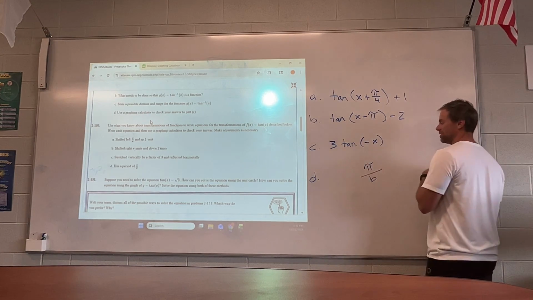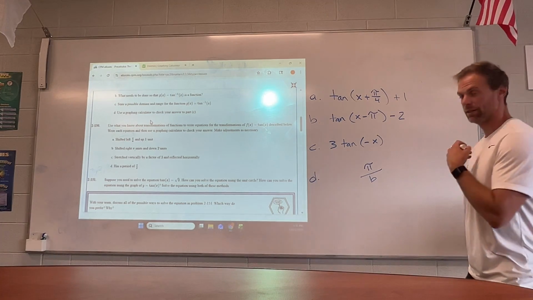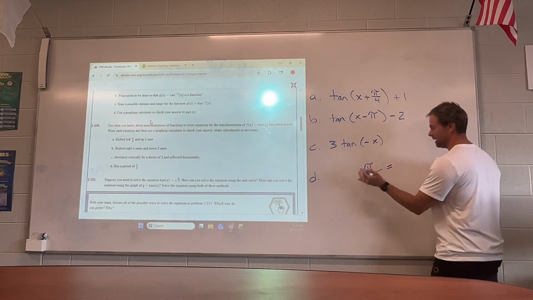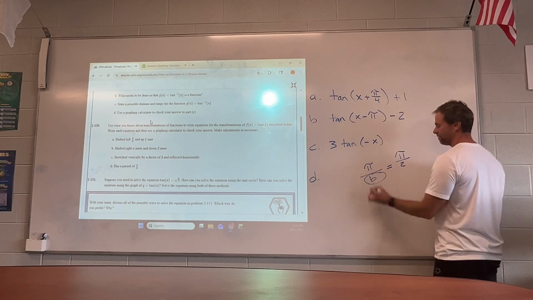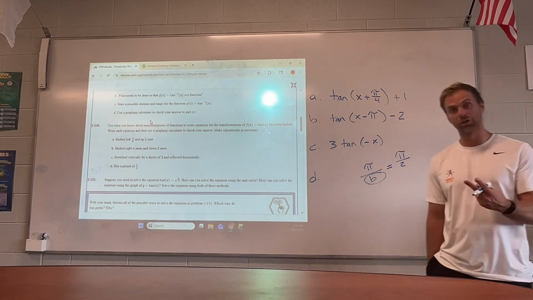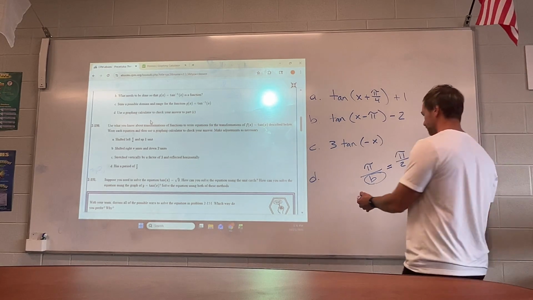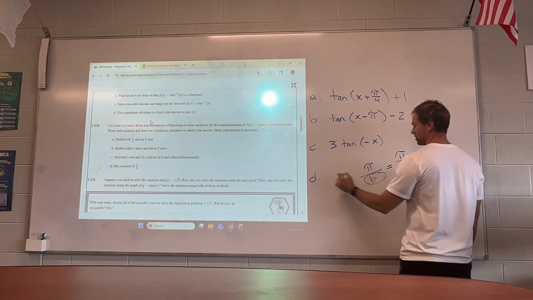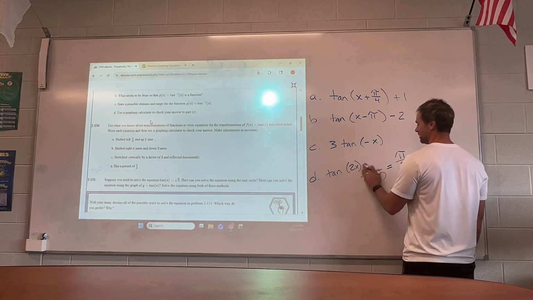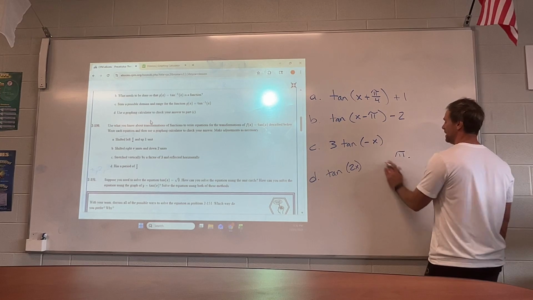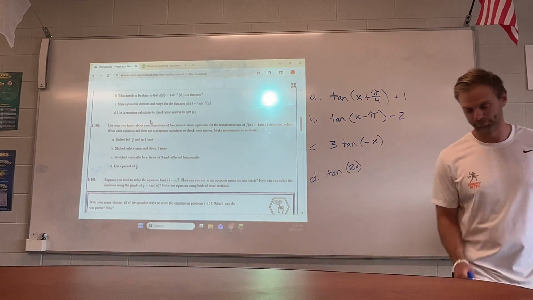So now tangent is based off of pi. So we want this to be a period of pi over 2. So what does this b value have to be? Has to be 2. So 2 is the b value that goes into the function. Okay, so again, writing this function out would be tangent of 2x. Okay, 2 being the b value that we put into the function to change the period.